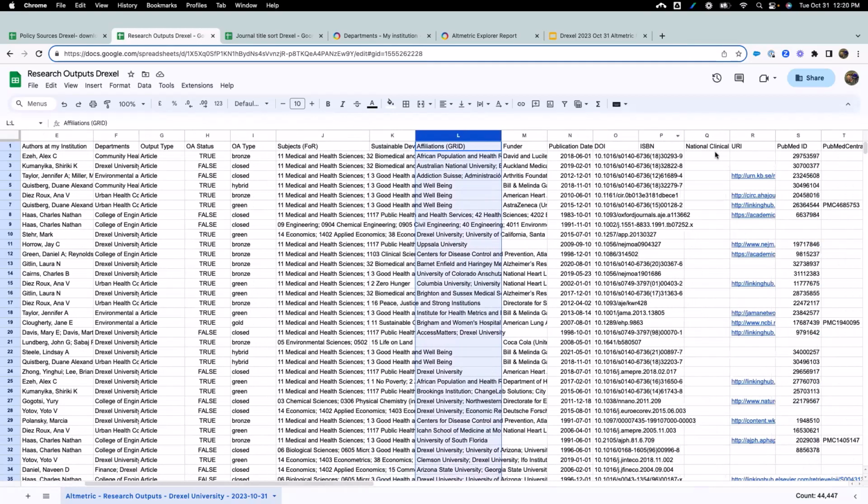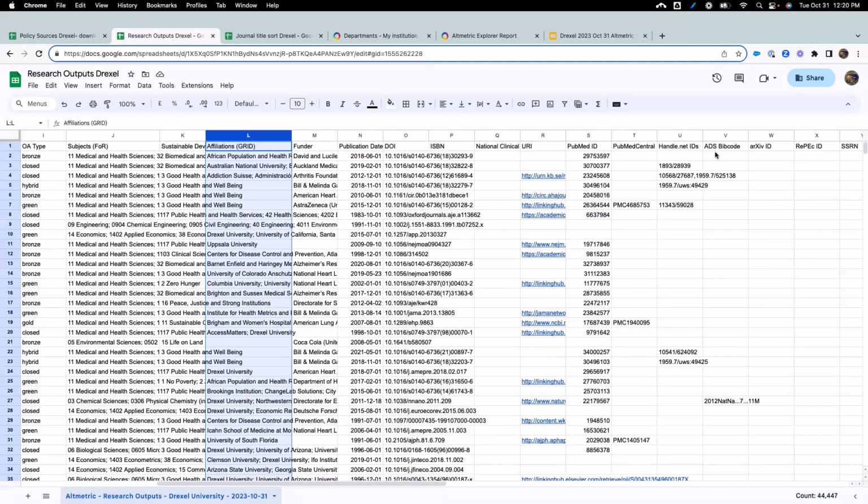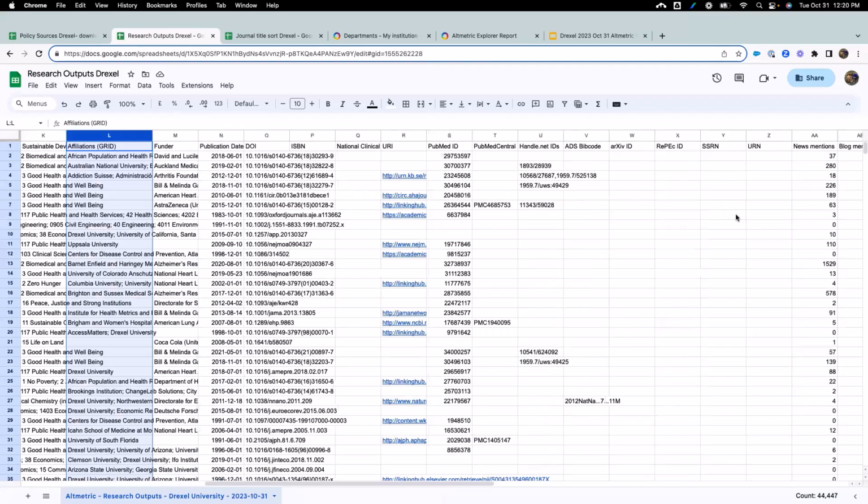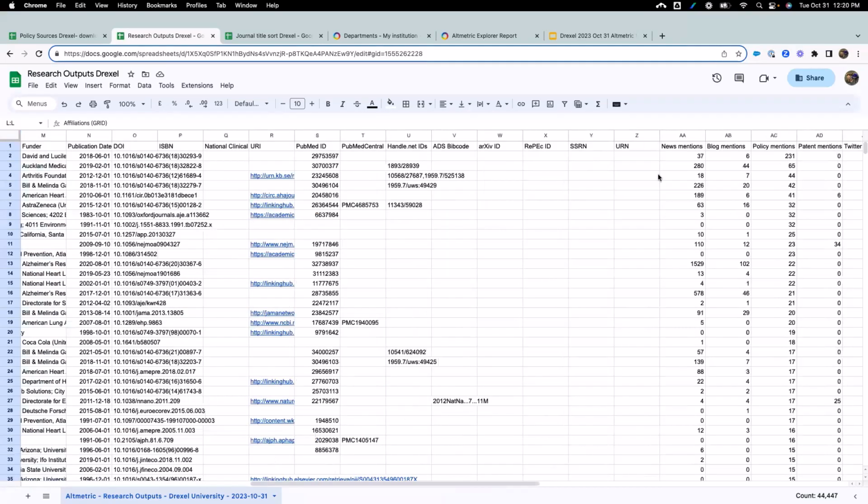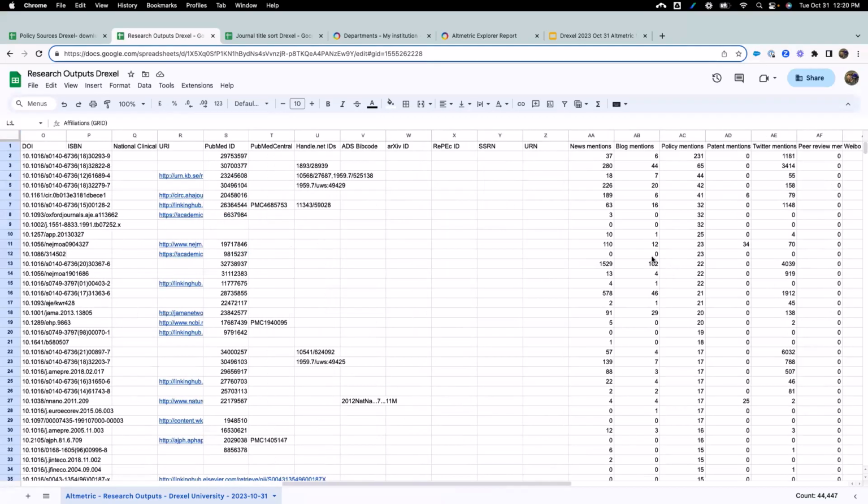So there's all kinds of really rich data that we provide in every export when you're doing research. And as well, we tell you right here what type of mentions they've had. So they've had news mentions for this particular piece of research. There's blog mentions, policy mentions.